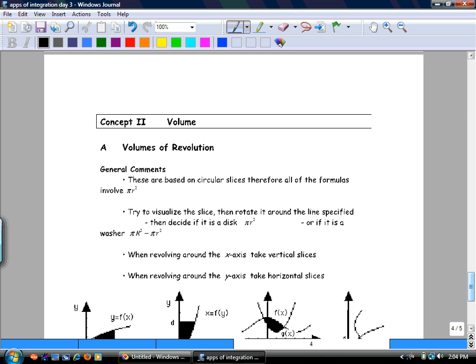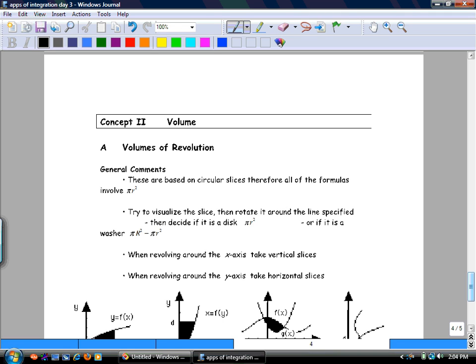Volumes of revolution. These are all based on formulas. Everything you will do for this and the rest of what we do today is the area of a circle, pi r squared. That's all you really need to know. Try to visualize the slice, then rotate it around a line specified.